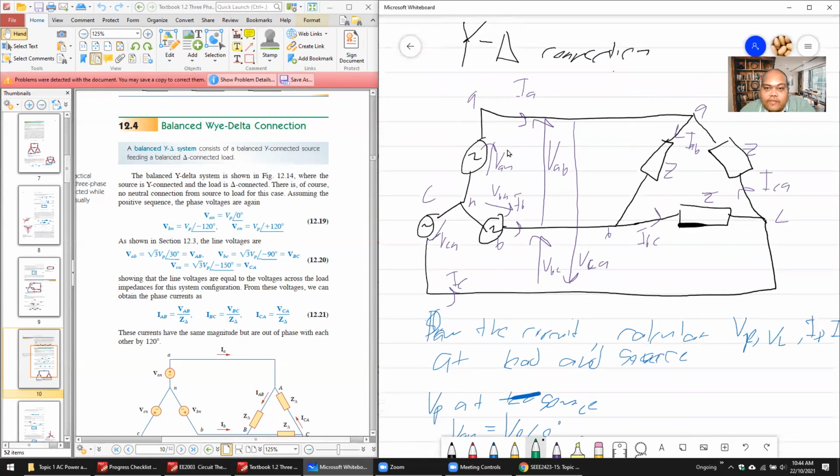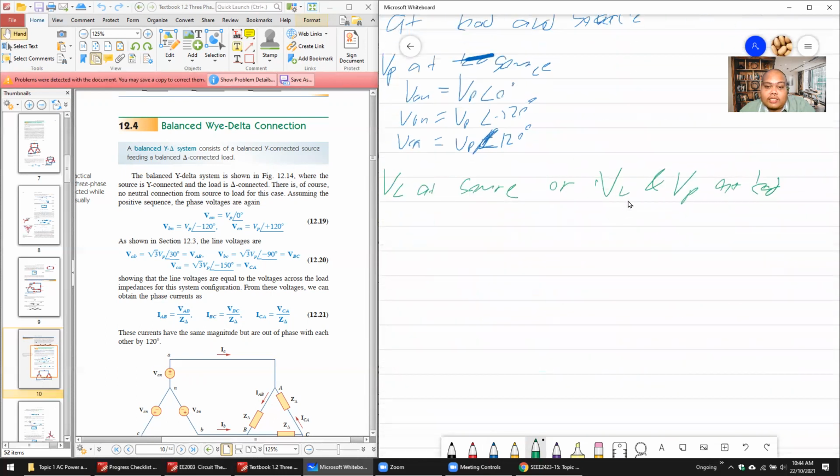You can see here V phase is different than the V source, and make sure you know that there will be no neutral wire because you cannot connect to anything. The voltage at the source is different from the voltage at the line, but at the load part, the voltage is the same. The line voltage and the phase voltage at the load is the same, because that is the delta characteristic.